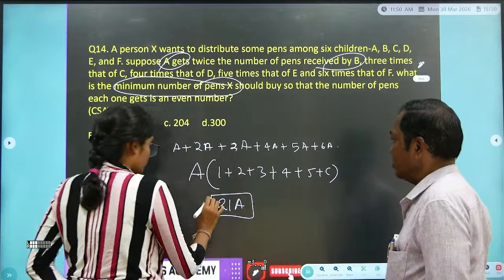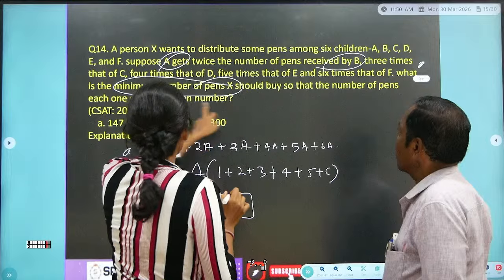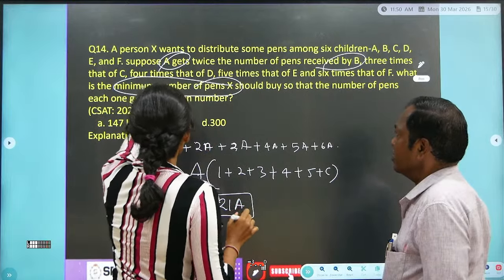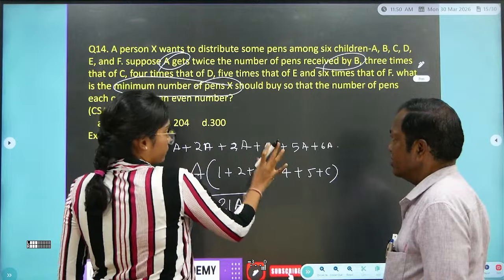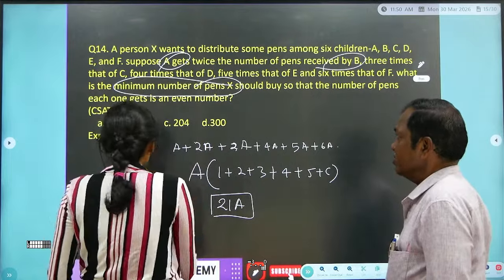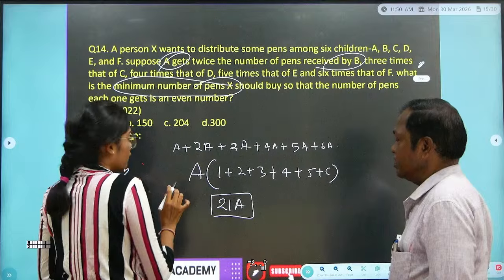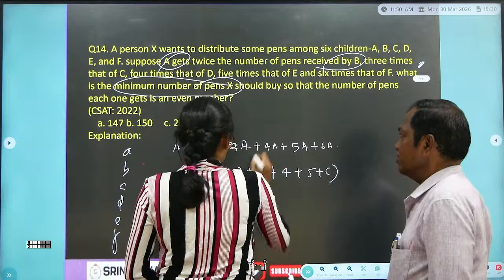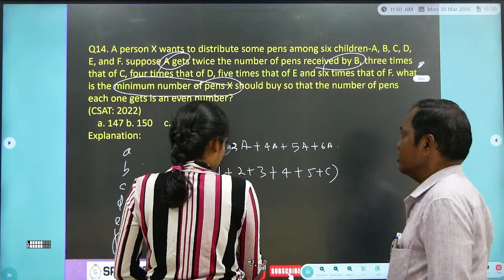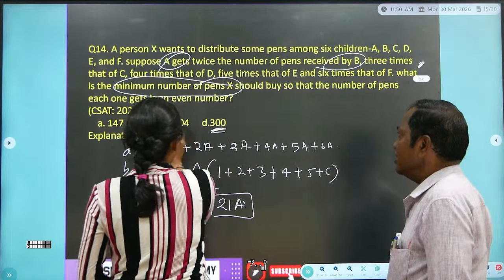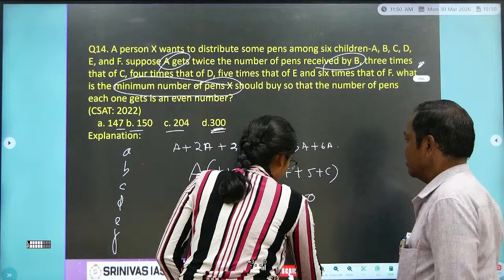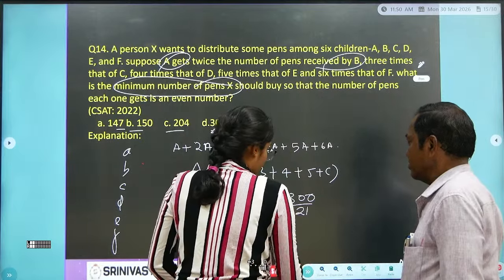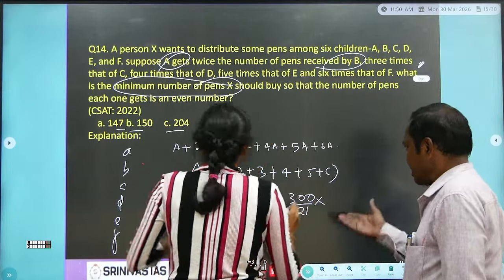Fine. Then they're asking for the number of pens each one gets to be an even number. So what I did is, I took the options, sir. When you multiply by 21, you have to get the number. So 300 divided by 21, but you won't get the answer, because of the odd number.